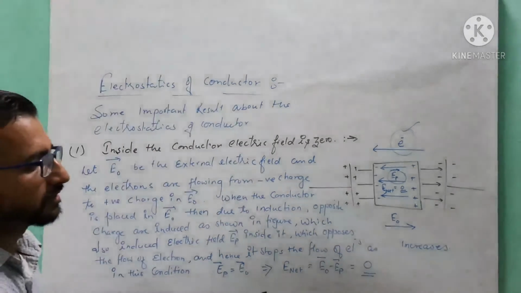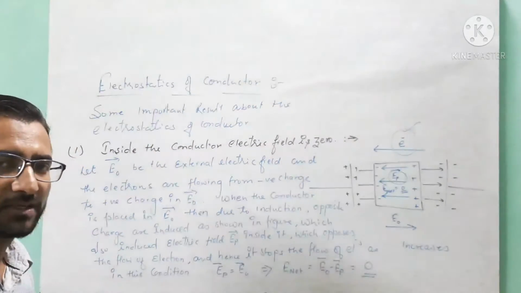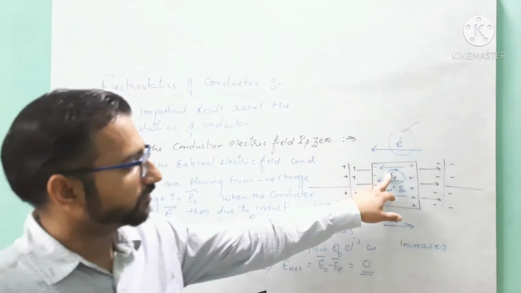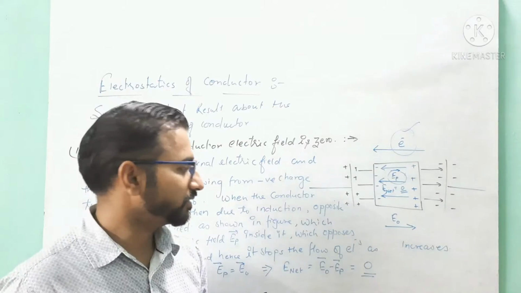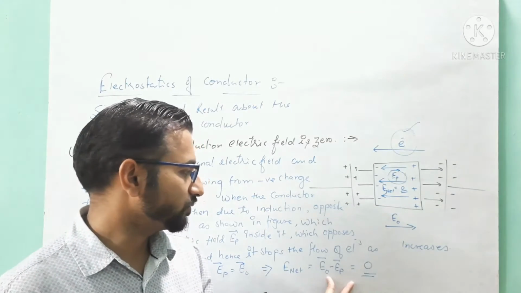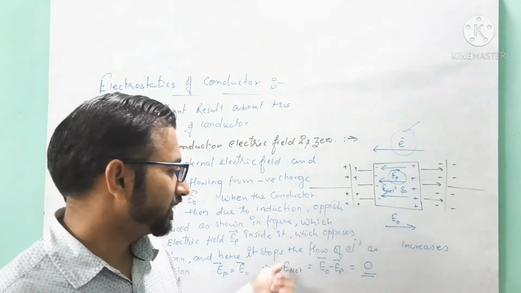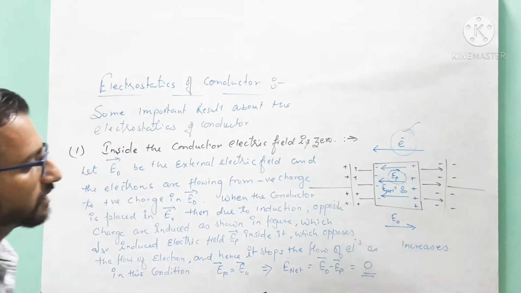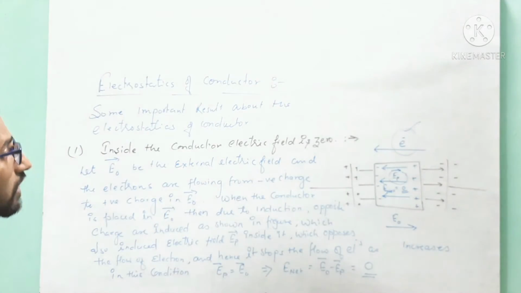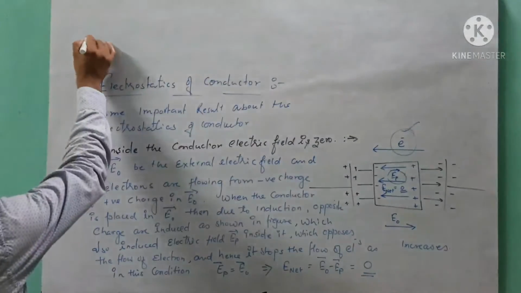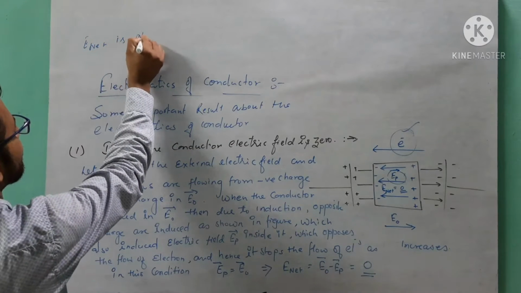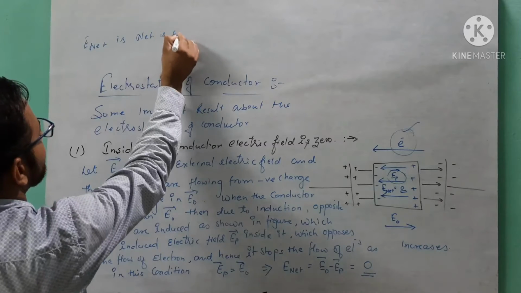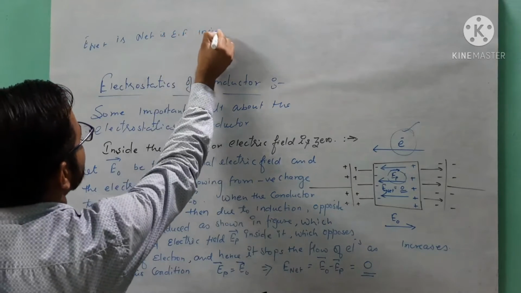Means the condition in which the electric field inside the conductor and the external electric field both have the same value, at that time the net electric field inside the conductor is 0. Here E net is the net electric field inside the conductor.